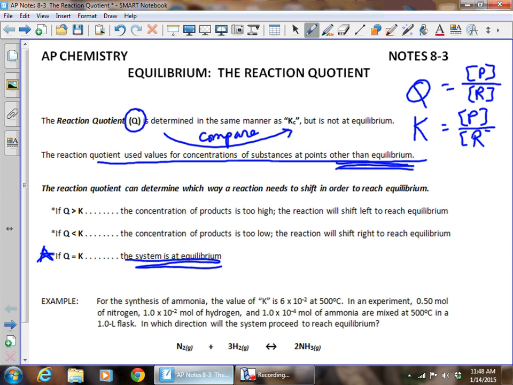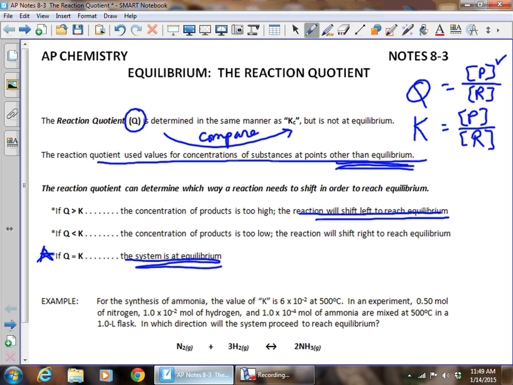So if Q is greater than K, that means the products are too high. And if the products are too high, we're going to need to shift it towards the reactants. The reactants are to the left. So if Q is greater than K, the reaction will shift left to reach equilibrium.